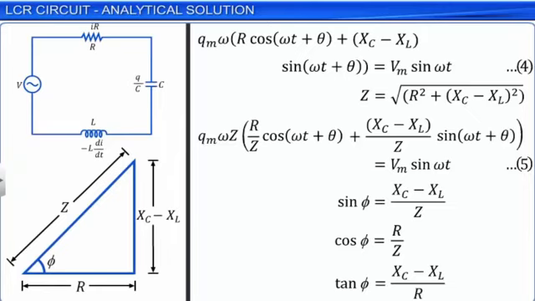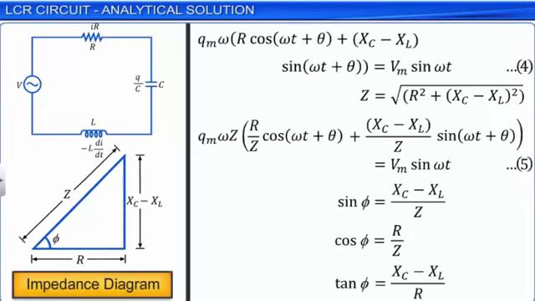This is called the impedance diagram. From the impedance diagram also, we observe that tan phi is equal to (Xc minus XL) by R. Hence, we get the same relation for phi as was obtained through the phasor approach that we learned earlier.